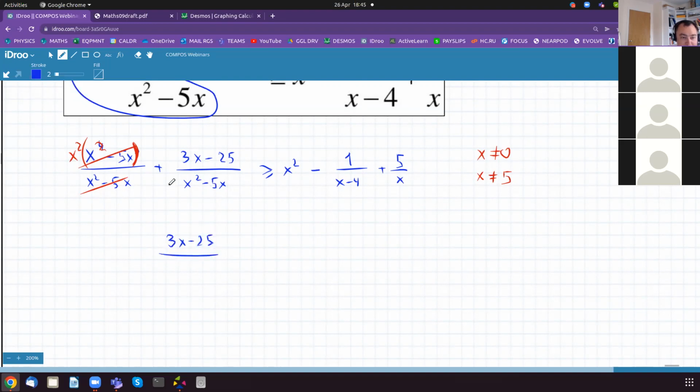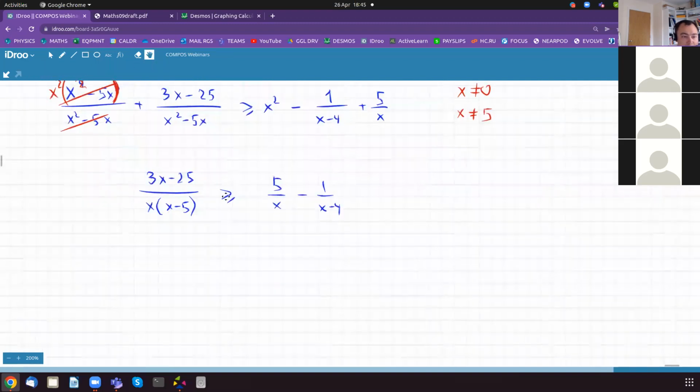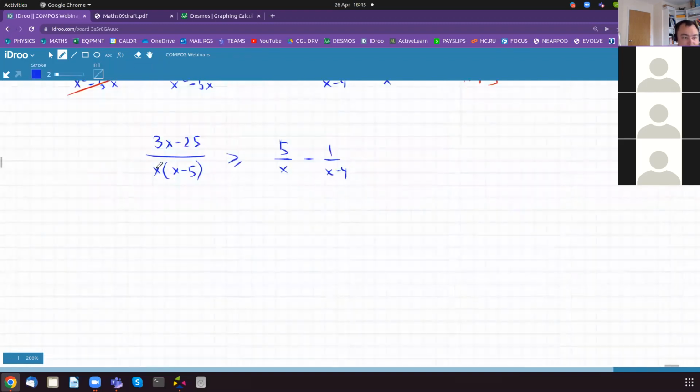over. Now, a denominator I always want to factorize. x minus 5 greater or equal than. I'm just going to write these in reverse order just to avoid the minus in front, because x cancels. 5 over x minus 1 over x minus 4. Common denominator, of course.